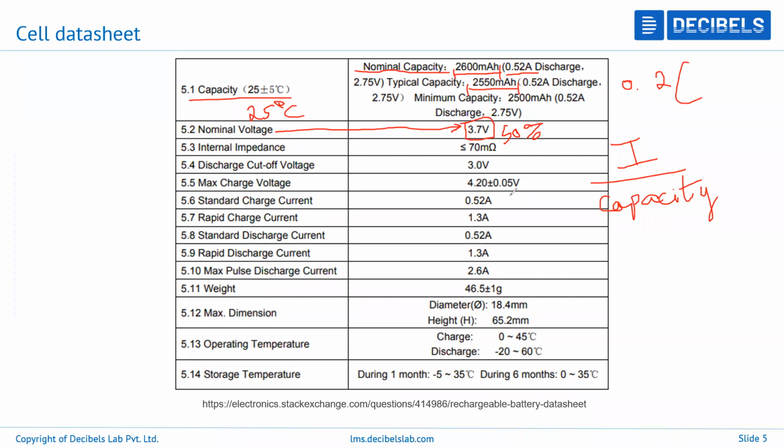Or otherwise you can also say it is the average reading of the voltage throughout the operation of the cell. Okay, so we know that the cell starts at a particular voltage and then ends at a particular voltage during the operation. And if you were to take the average of all of this, it would give you the nominal voltage. Okay, and immediately you can say this 3.7 volts corresponds to a lithium ion cell.